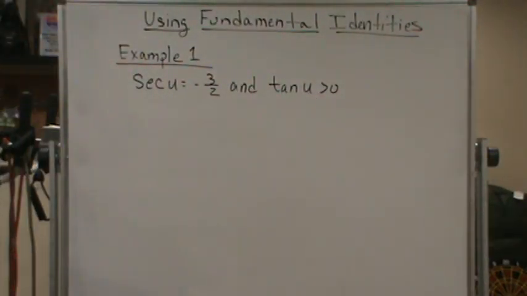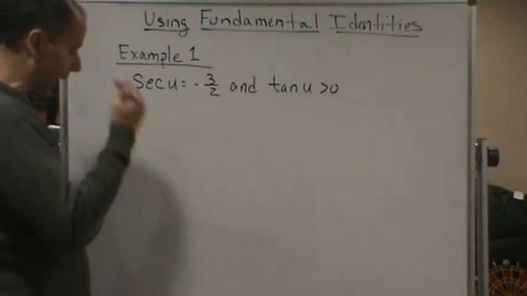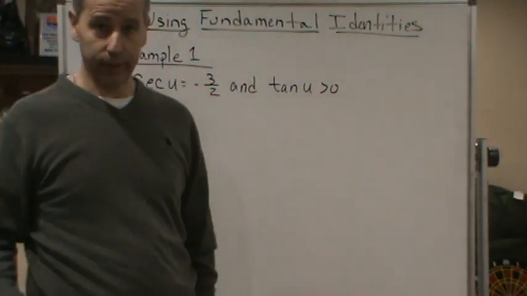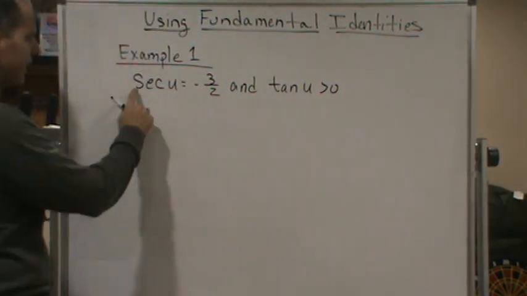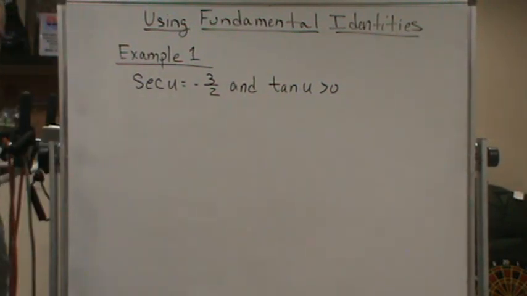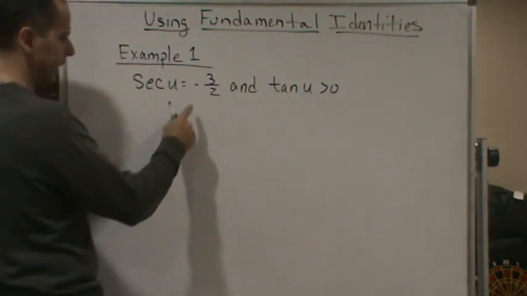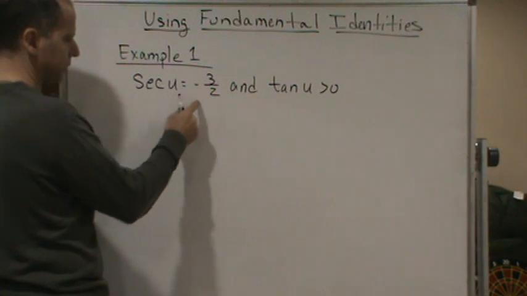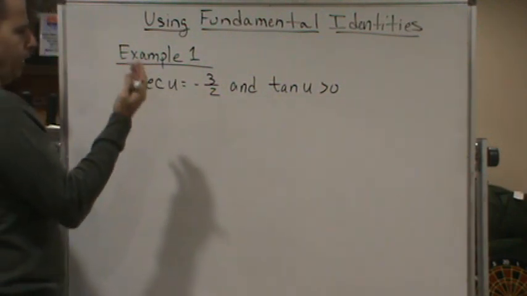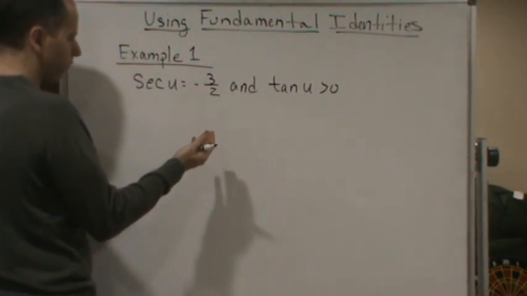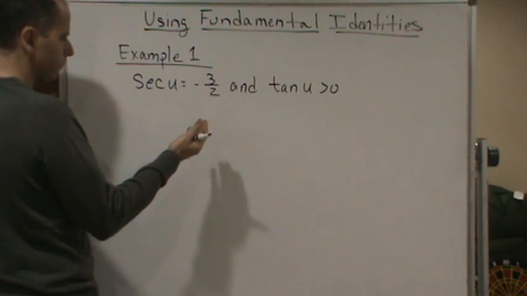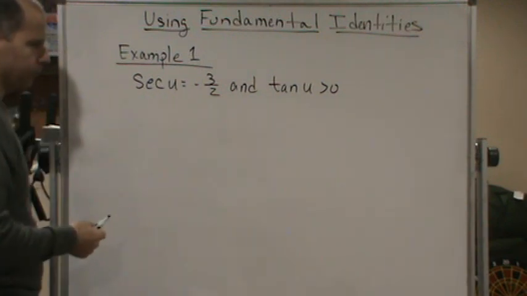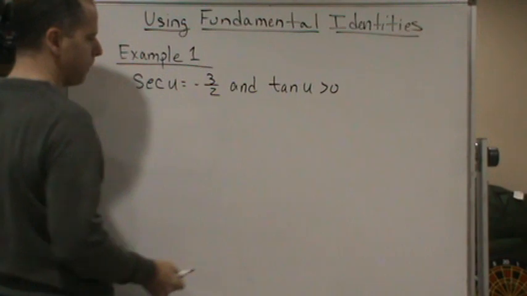So the first thing I do is, okay, where are we at? Because this is going to come up sooner or later. Secant is 1 over cosine, right? So if secant is negative, so is cosine. So here, cosine is negative, right? And we're told that tangent is positive.